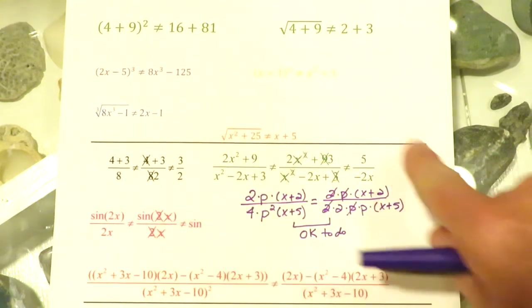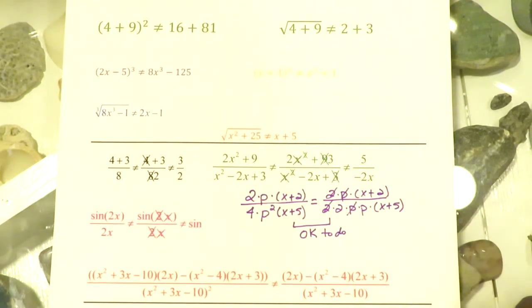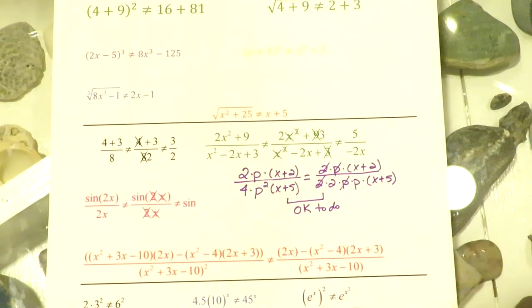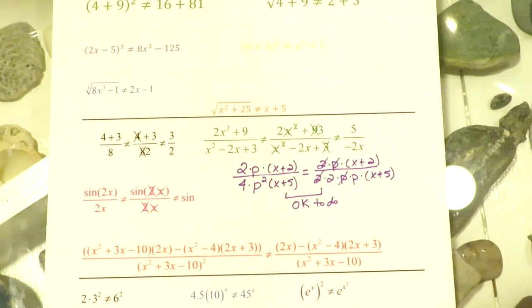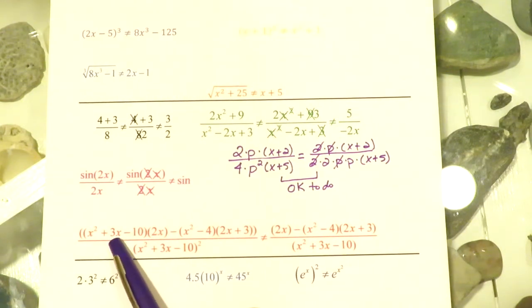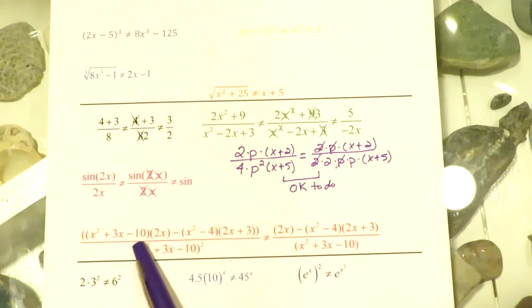And you can see in these other examples of wrong things to do. So part of solving equations is to recognize what is actually legal and correct and what is not legal. Down here I have this polynomial factor of x squared plus 3x minus 10.